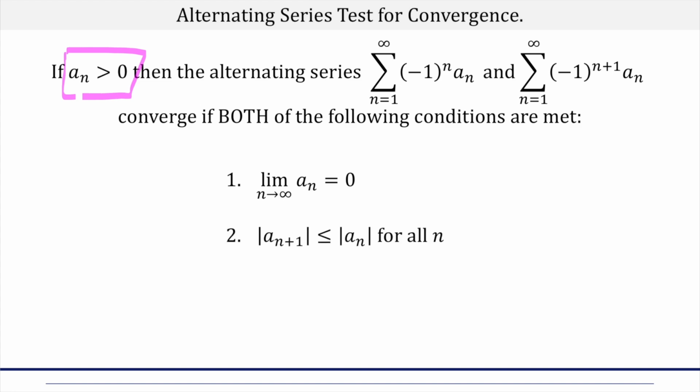And 2, the absolute value of a sub n plus 1 is less than or equal to the absolute value of a sub n for all n. So the terms are never increasing.